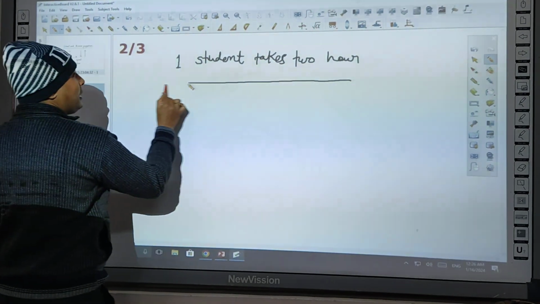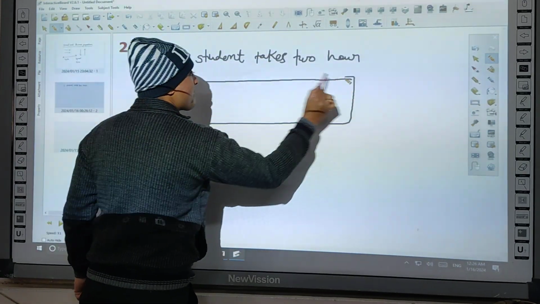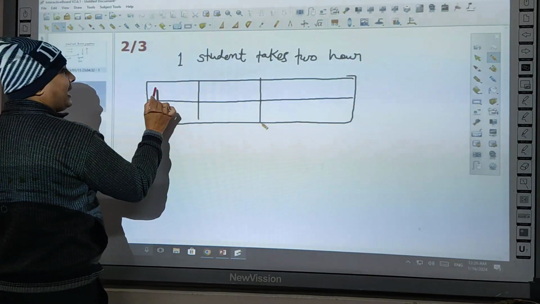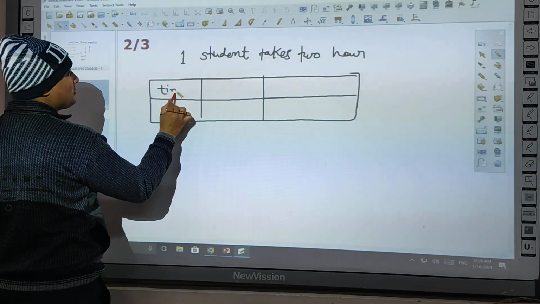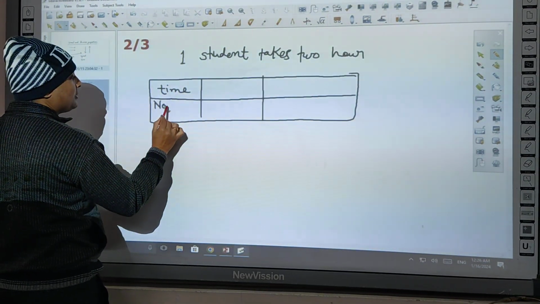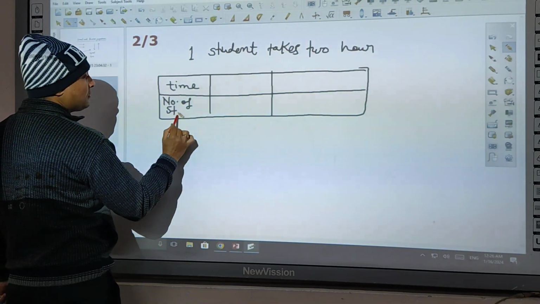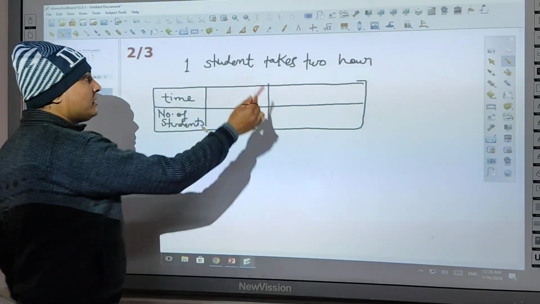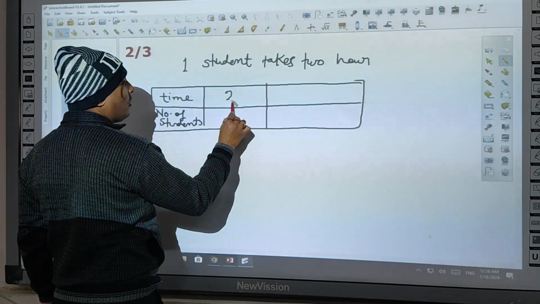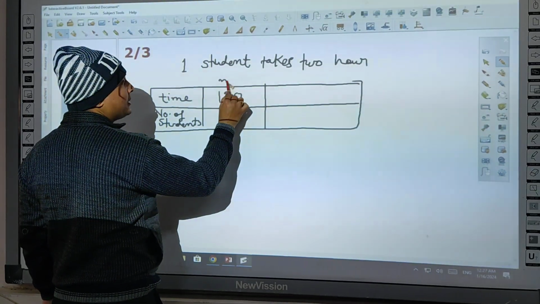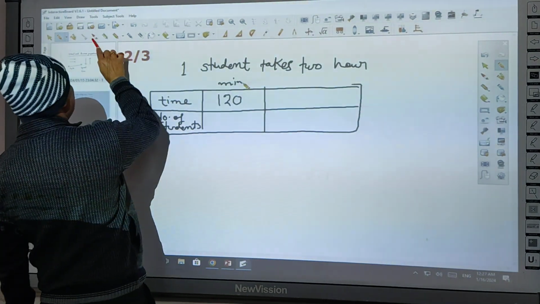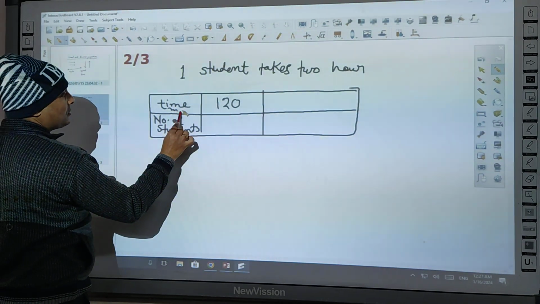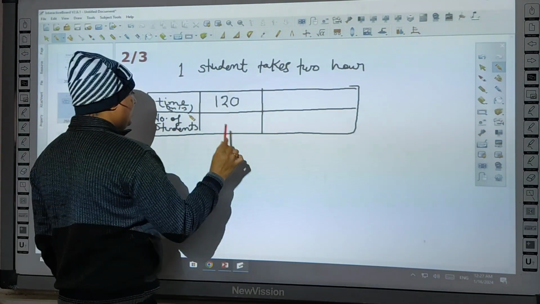Now I am making a table regarding it. Here I am writing the time, and here I am writing the number of students. One student takes 2 hours or 120 minutes. Time in minutes, and the number of students is 1.